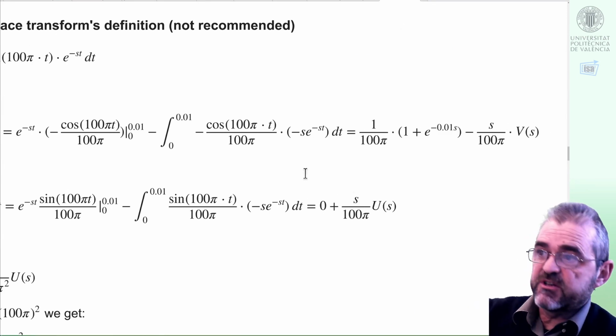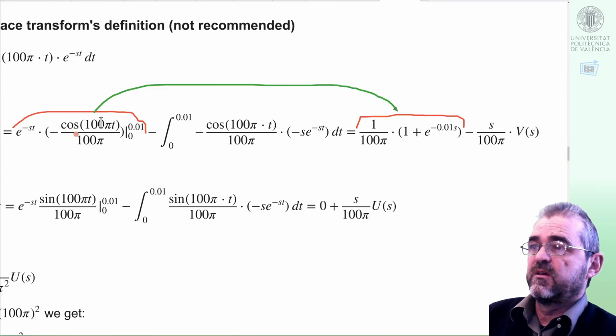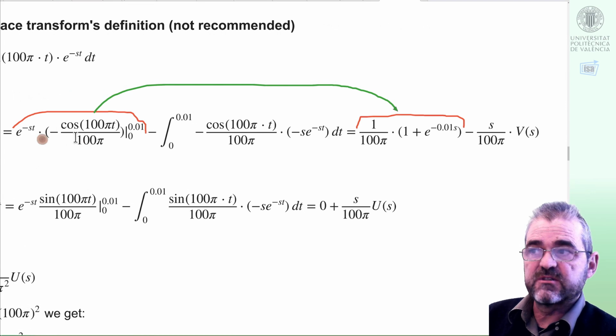So with some manipulations, the evaluation of this thing at time equals 0, cosine is 1, and in a semi-period, cosine is minus 1, so you can check we get this thing in the right.